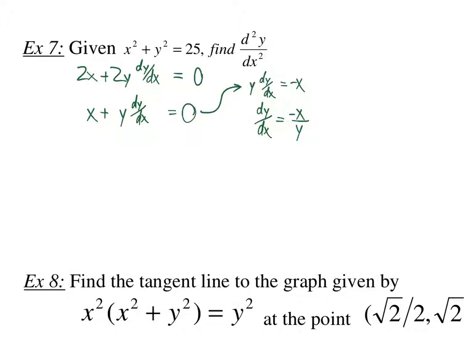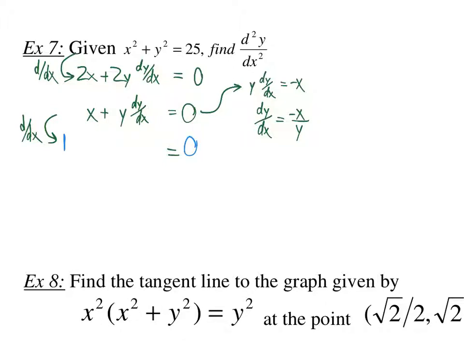We could take the derivative of that before what we just did, or of this. Which do you want to go with? The one to the left. All right, so we take the derivative again with respect to x. To get from here to here, we did the derivative the first time. So we have the derivative of x, which is 1, and the derivative of 0, which is 0.